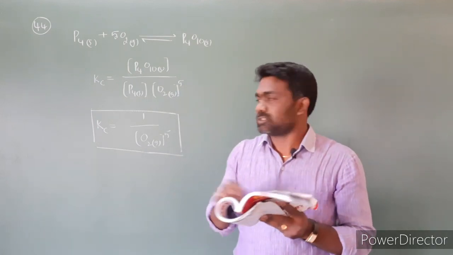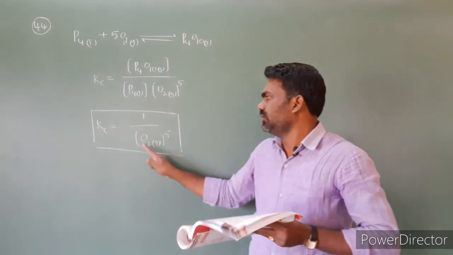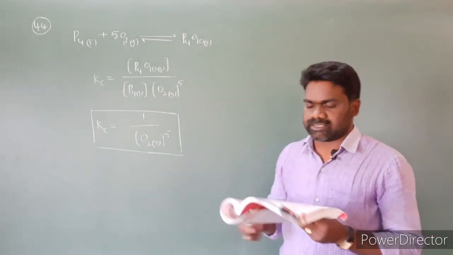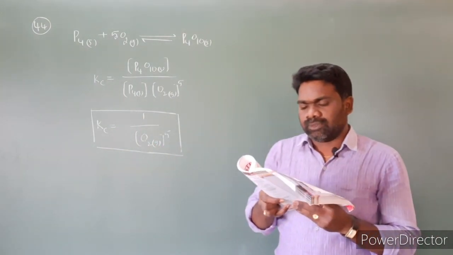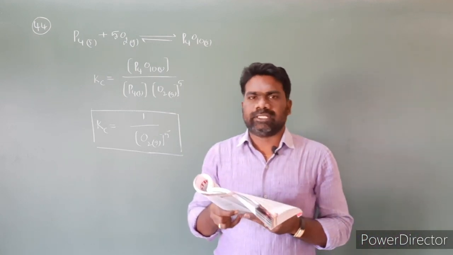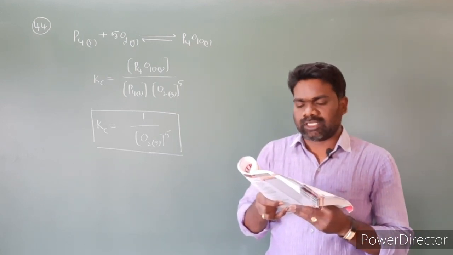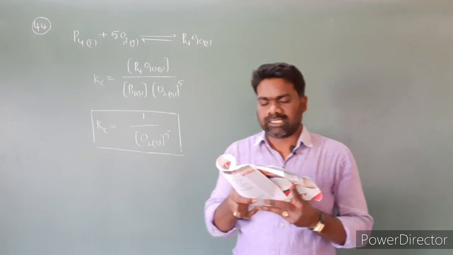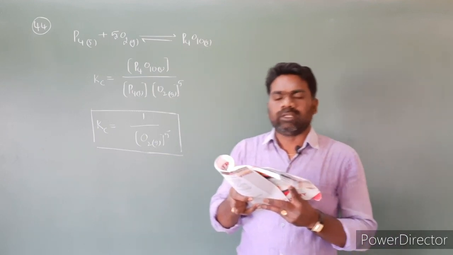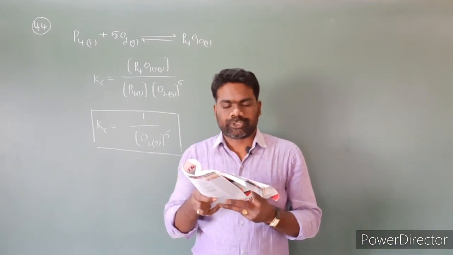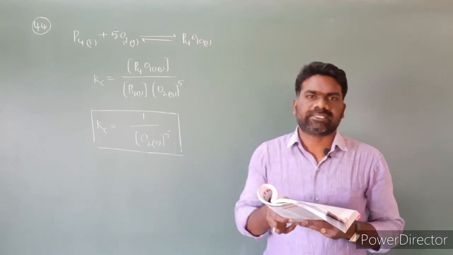It is an incorrect option. We have to get Kc is equal to 1 by O2 concentration power 5 as the correct answer. Next we look at option 2, Kc is equal to 1 by O2 concentration power 5. So for question number 44, the second option is correct.